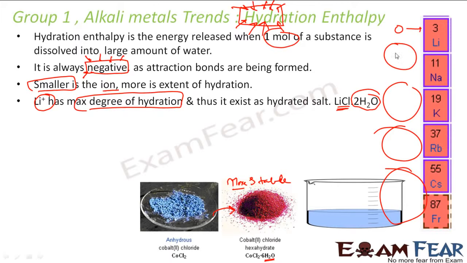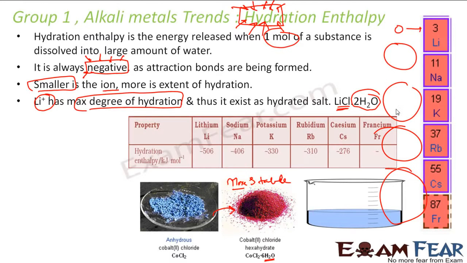So based on the size, you can tell which one has more tendency to form a hydrated salt. If you see the data we have got, we don't have to remember this, but lithium has the maximum hydration enthalpy, minus 506 kilojoule per mole. If you go down, the value is decreasing.